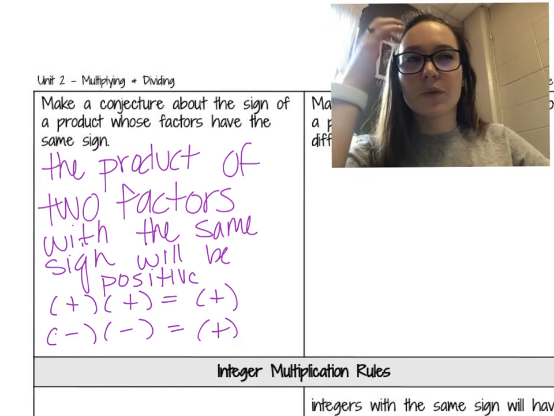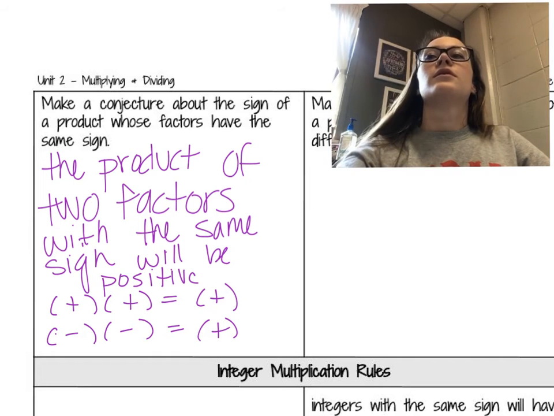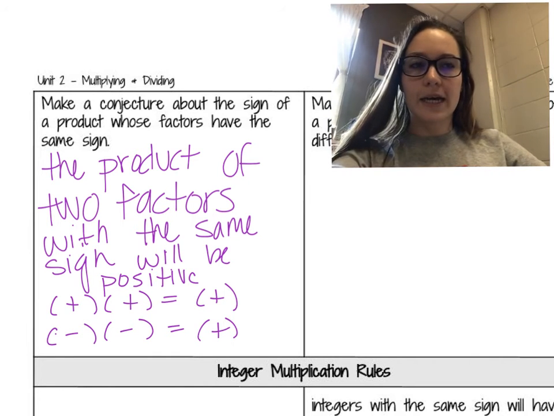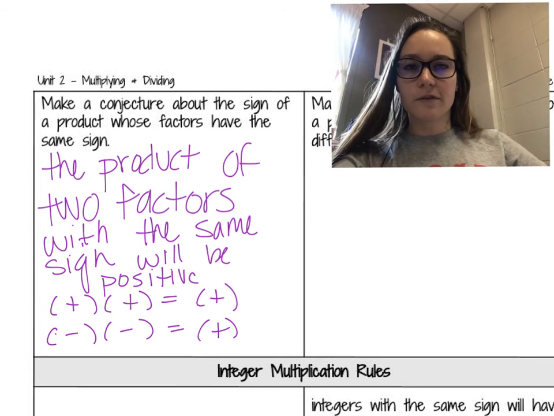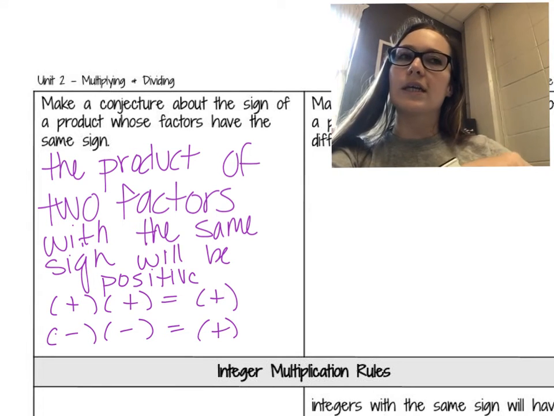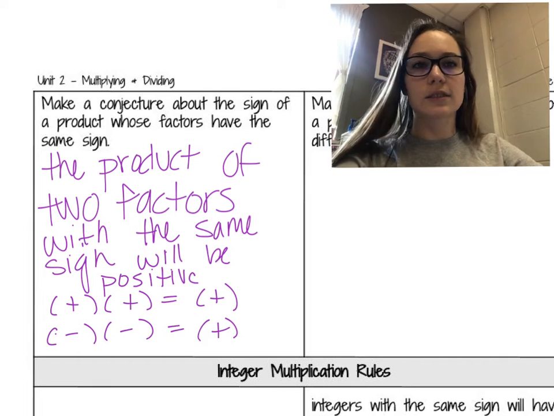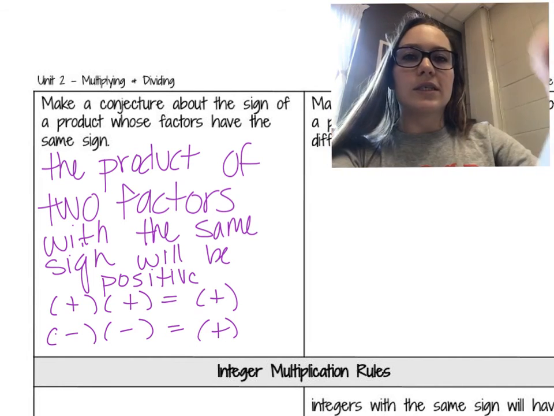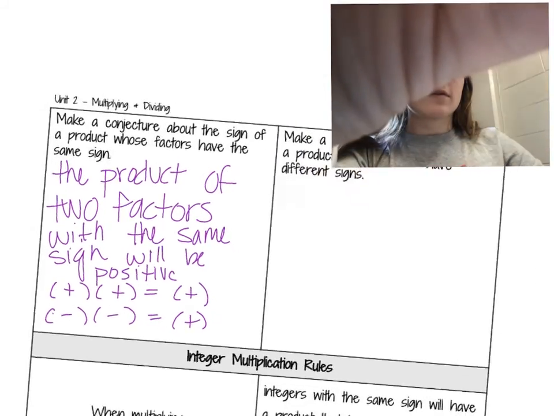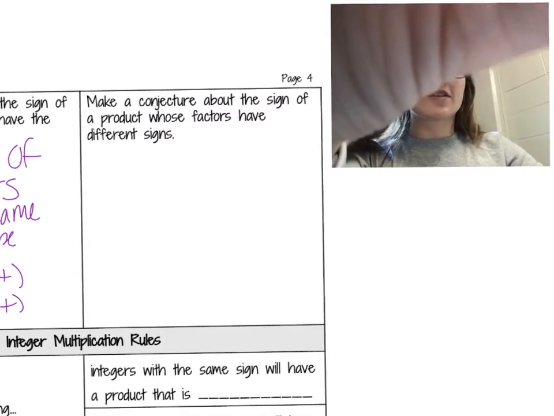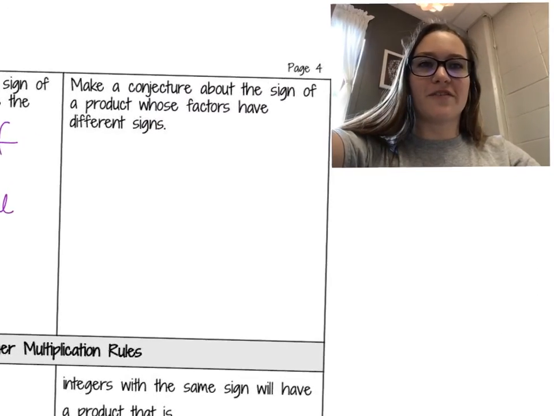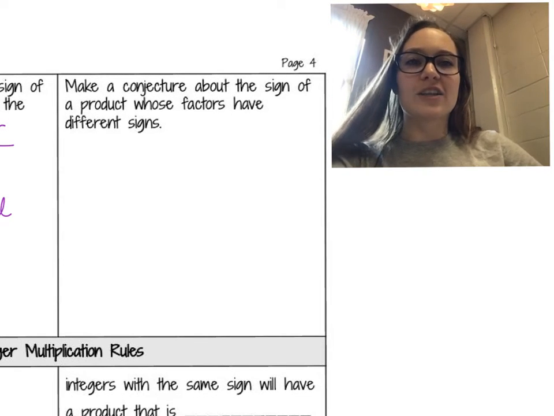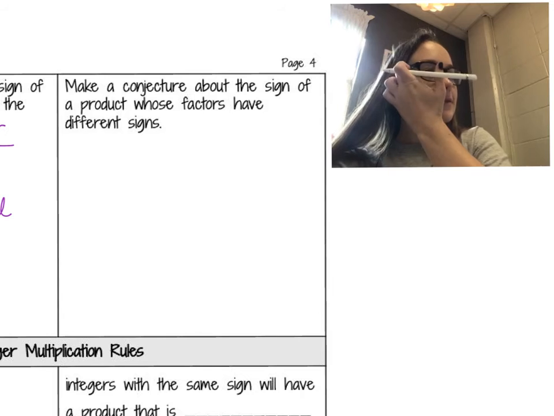Okay? And what we noticed about 3 times negative 4 was that it was negative. So one's positive and one's negative, and they have different signs, and their answer was negative. So we're going to say the sign of a product whose factors have different signs.